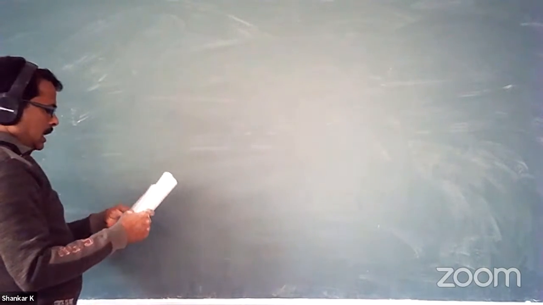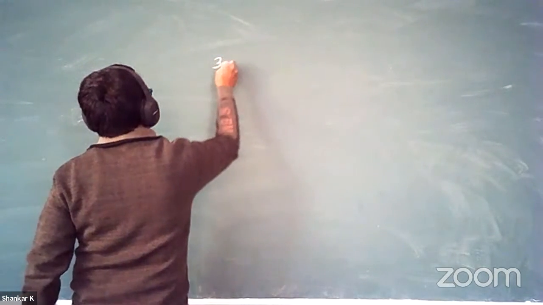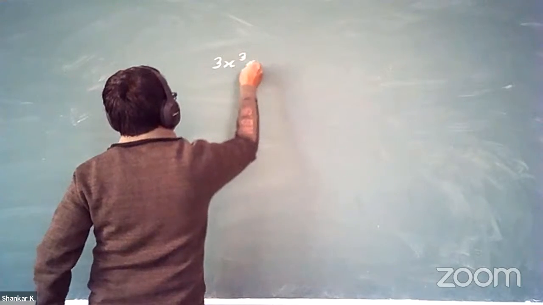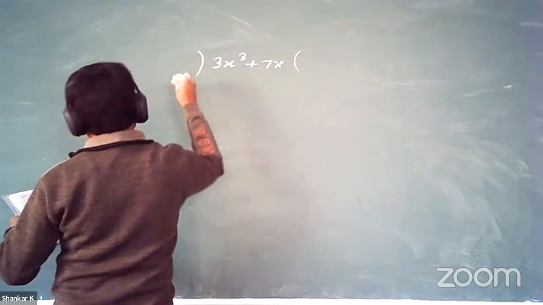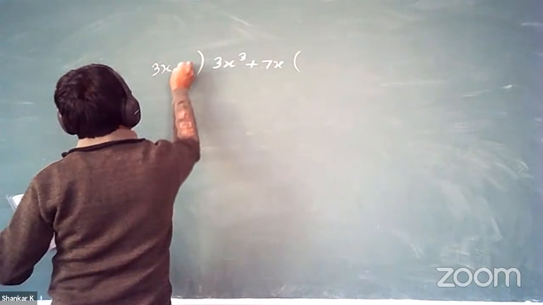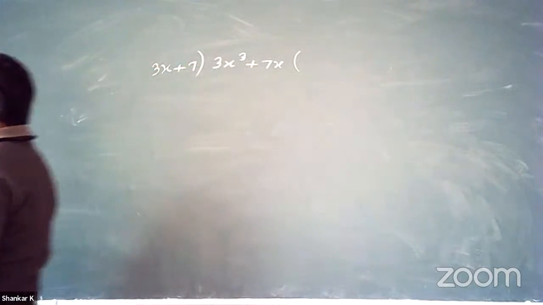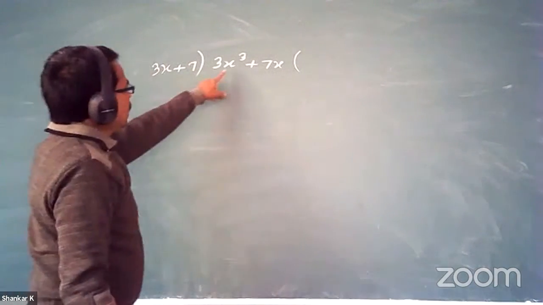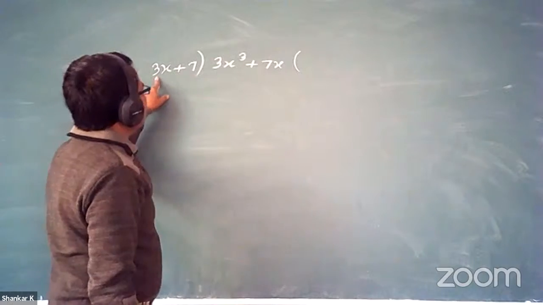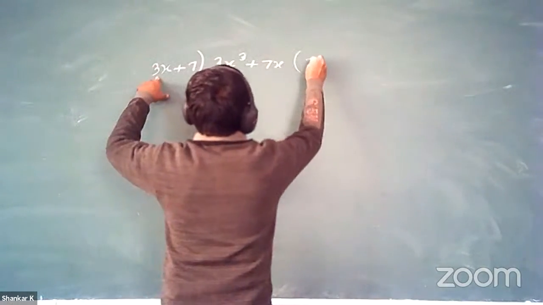Same question, the same third question. If you are checking whether it is a factor or not, we should divide the given polynomial 3x cube plus 7x by 3x plus 7. Here, 3x cube is there, here 3x is there, so we have to write x square here.